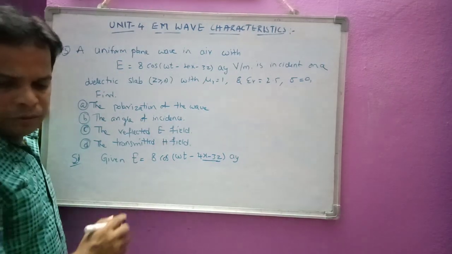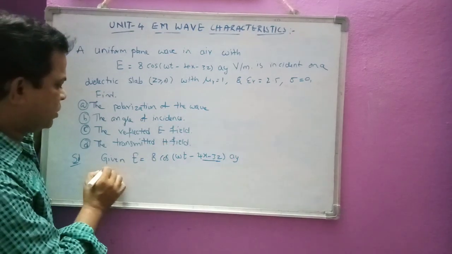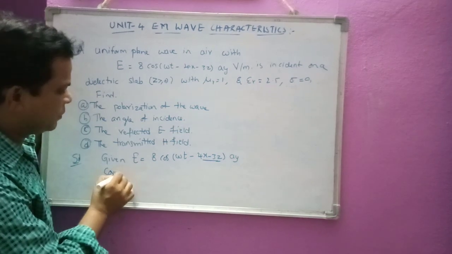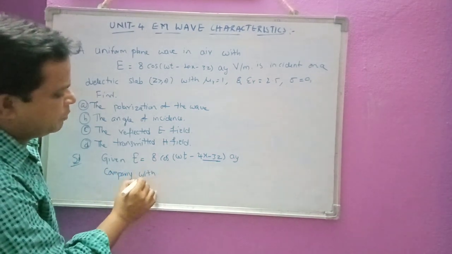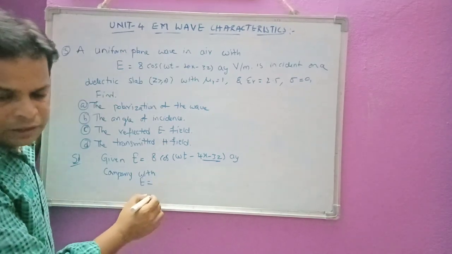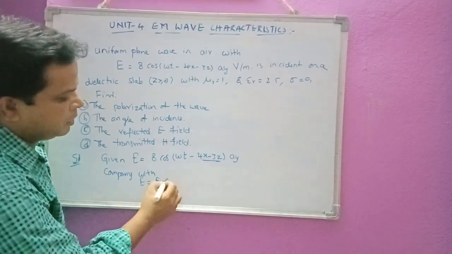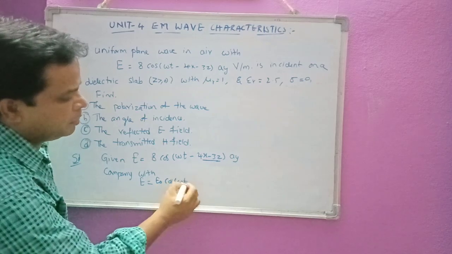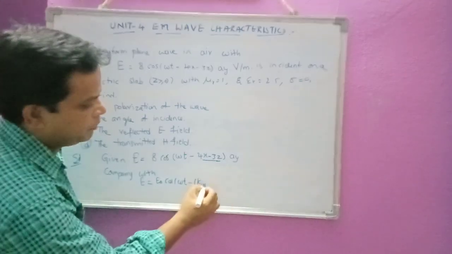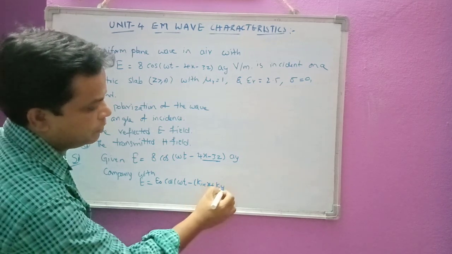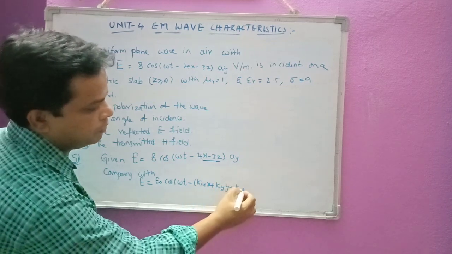Now comparing this equation with the general equation we have seen in the earlier lectures, that is E naught cos(omega t minus (kx x plus ky y plus kz z)).